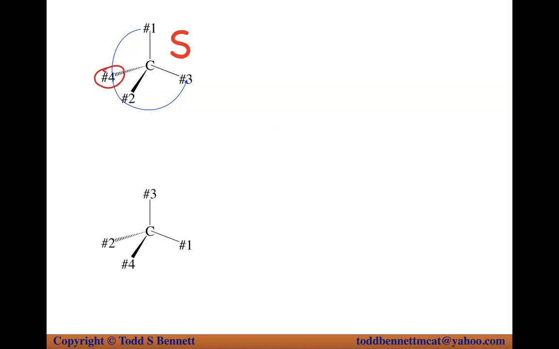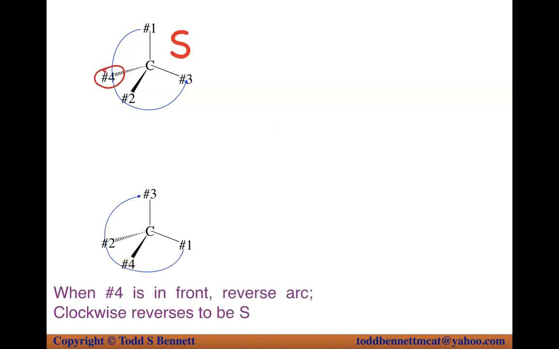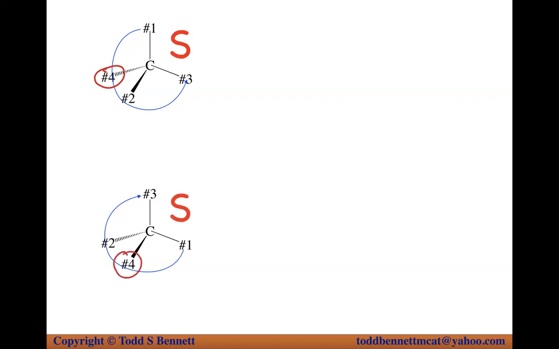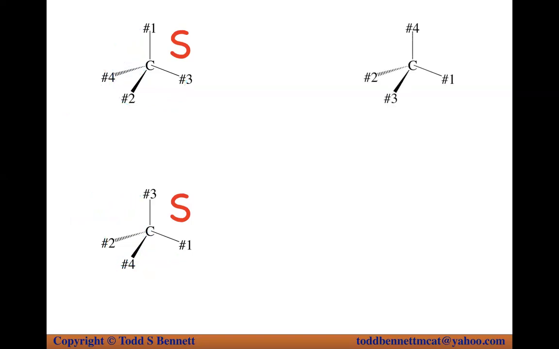When number 4 is in front, then we reverse it. So 1, 2, 3 clockwise, but in this case, we reverse it. So as is, reverse, because it's in front. But here's the 0.001% that I want to tell you about.